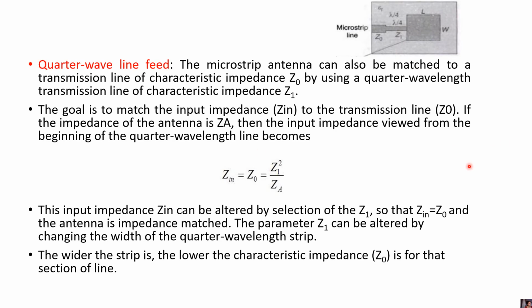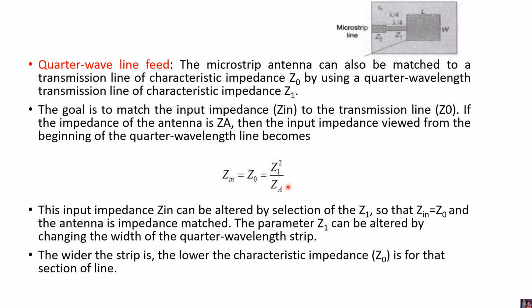Now next is quarter wave line feed. In this case, the antenna can be matched to a transmission line of characteristic impedance Z0 by using a quarter wave section, that is lambda by 4 section, of characteristic impedance ZL. If the impedance of the antenna is given as ZA, then the input impedance viewed from the beginning of the quarter wave section will become equal to ZL square by ZA.